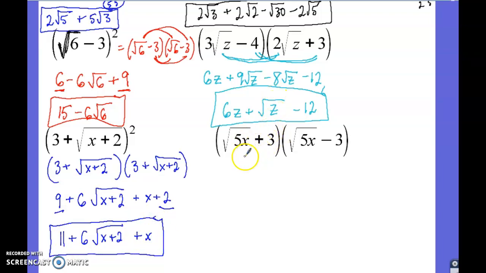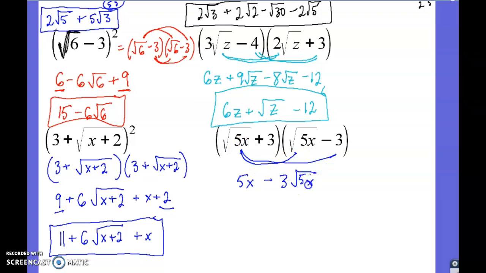And then just one more. If you notice that these binomials look identical except one is plus and one's minus, that's indicating that the outside and inside terms will cancel. If you don't believe me, let's work it out. Root 5x times root 5x. Again, the radical will cancel just like over here. So you'll get 5x. The outside term would be minus 3 root 5x.